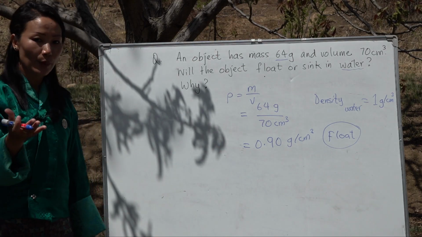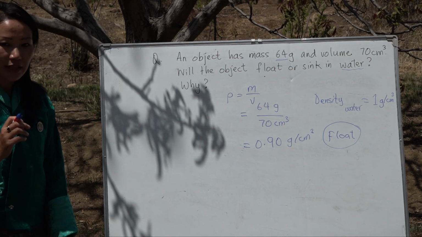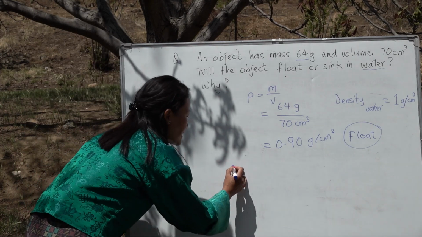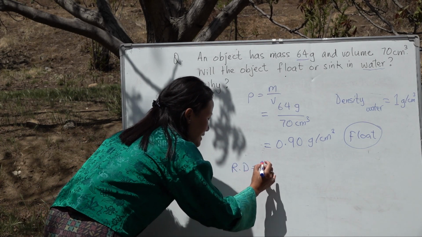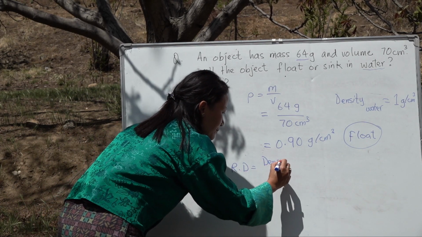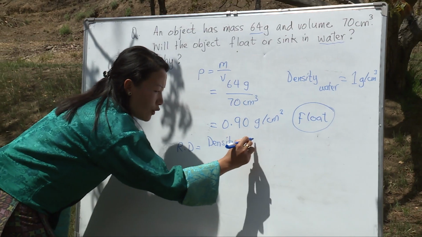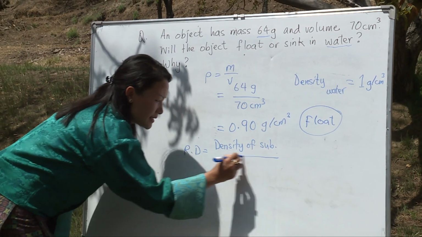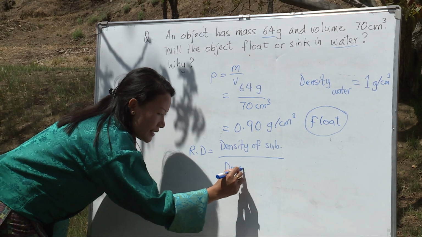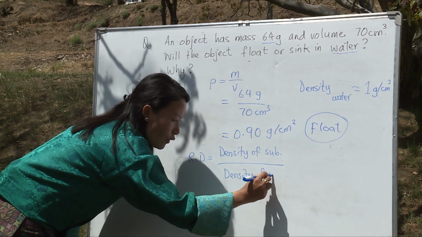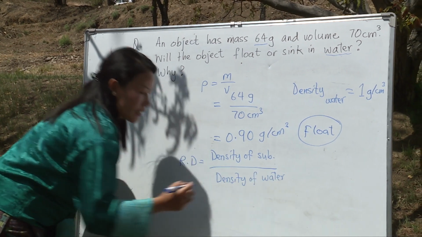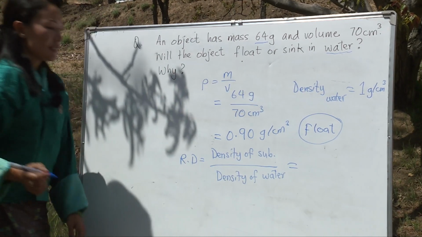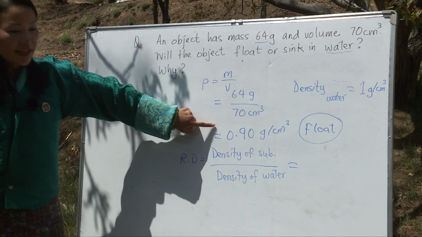float. There's another way to attempt this using relative density. So we saw that relative density is the density of a substance divided by the density of water. The density of the substance we calculated here.